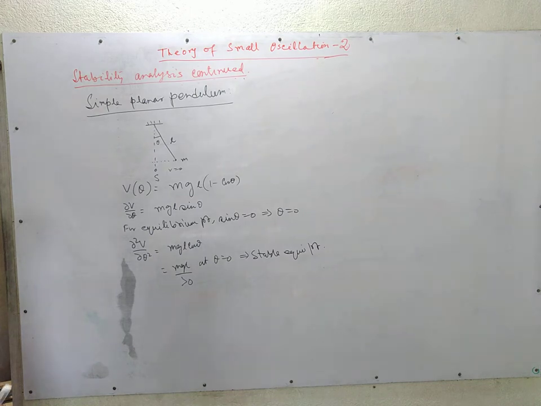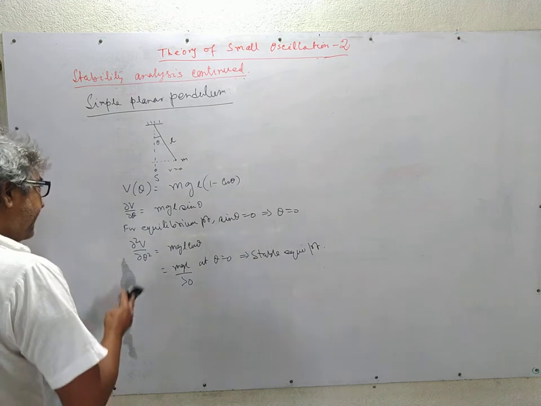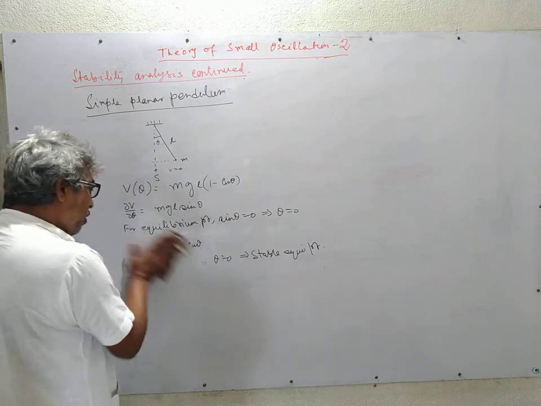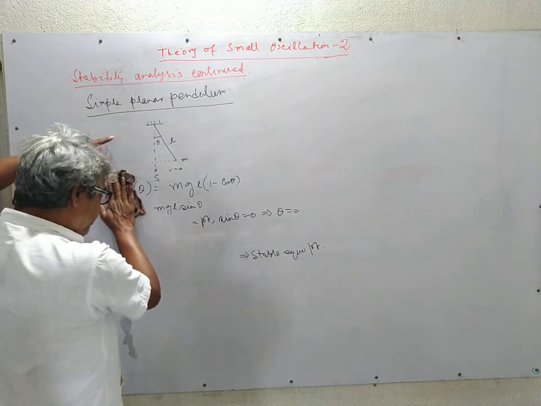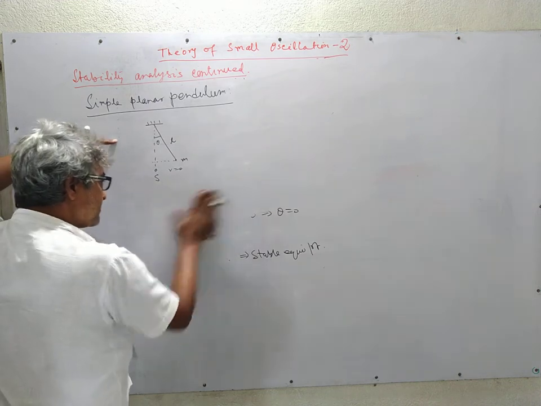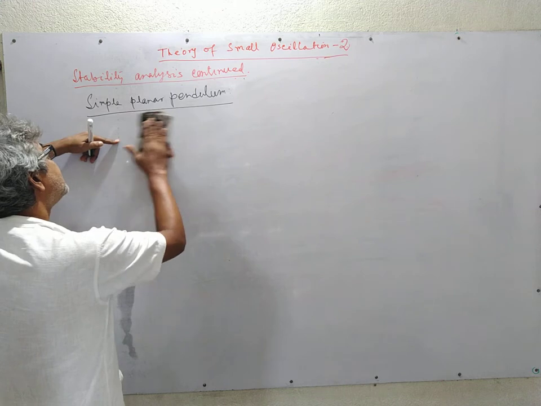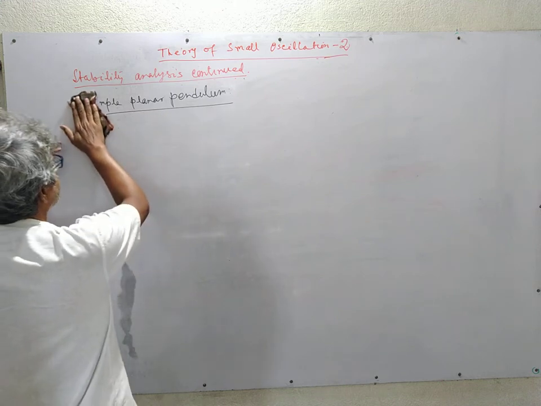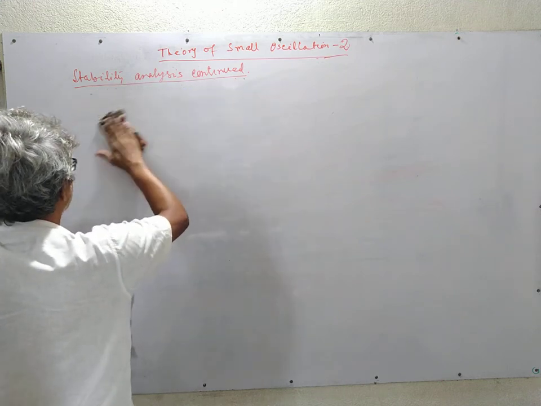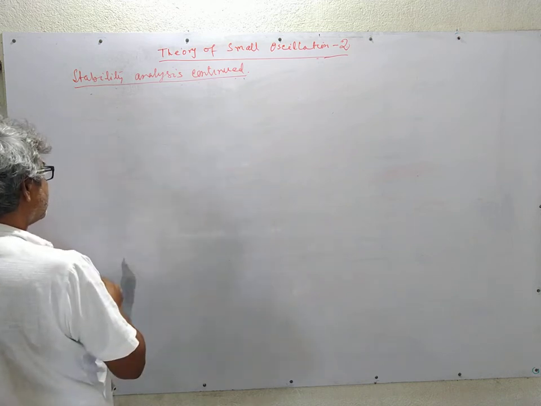Now we consider another example, that is the spherical pendulum. A spherical pendulum is also a point mass m suspended from a fixed point by means of a string of fixed length, and the bob can move on the surface of a sphere.